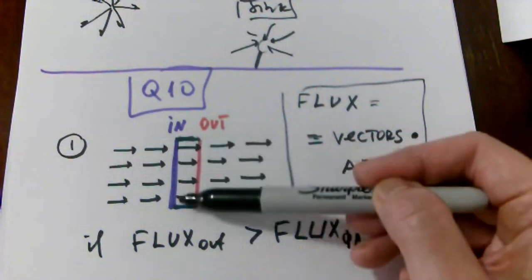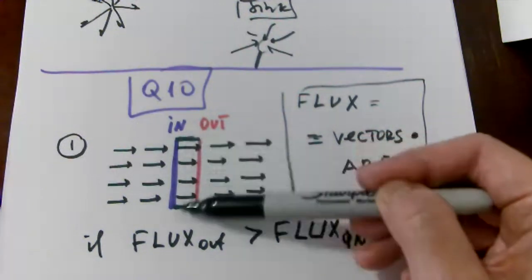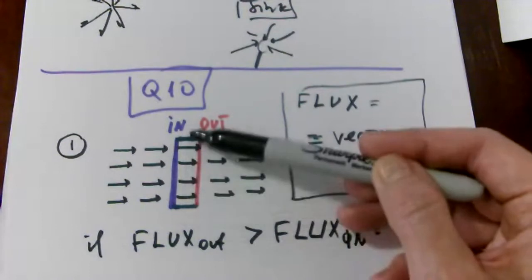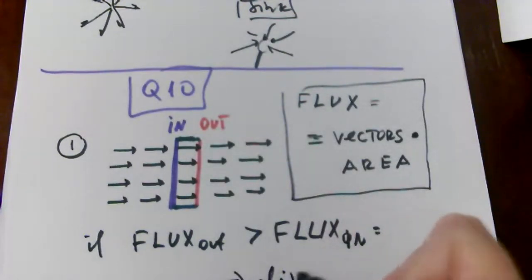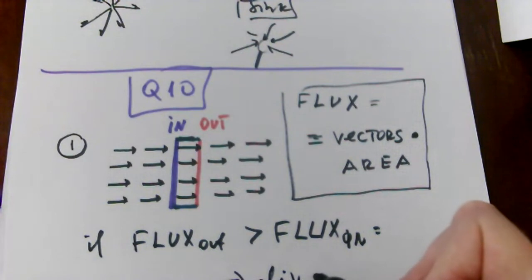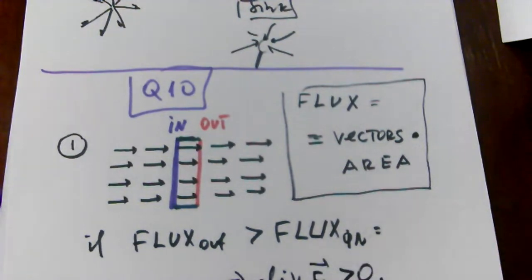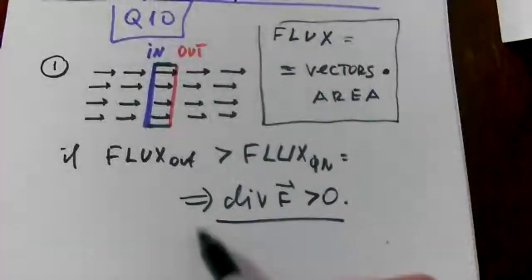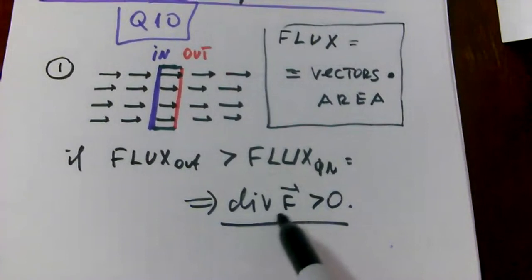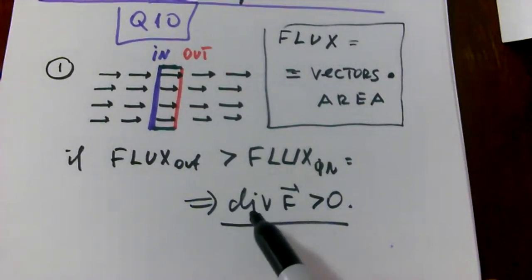It means that definitely the water is being created somewhere inside this box. It means that there are sources inside this box, and sources means that divergence is positive. Divergence of this field, I don't know, F, is positive. That's how you can test this field for the presence of sources or sinks.